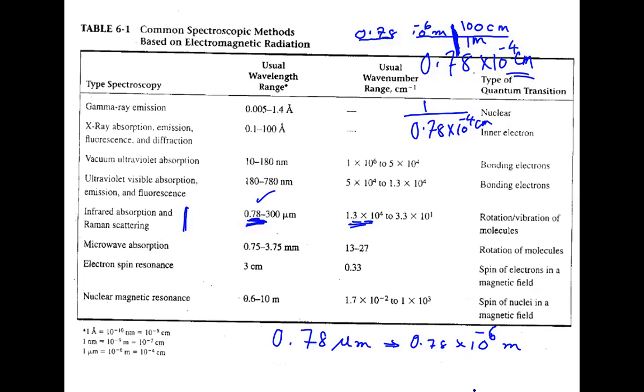Notice what this is telling you. 10 to the 4th is around 10,000, and this is 13,000. I'm emphasizing this because we need to know it. So now you see we are in the range of 13,000 to around 33 wave numbers.